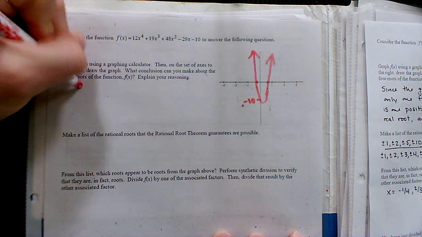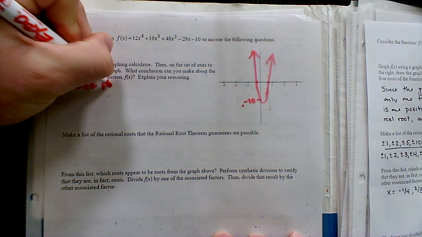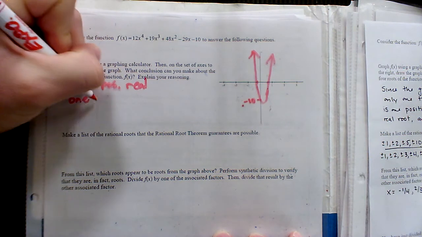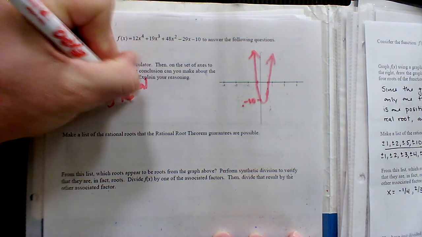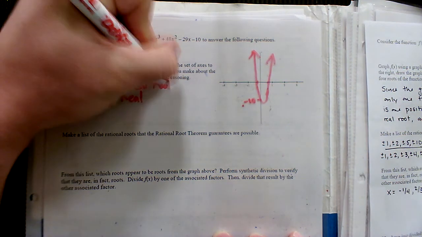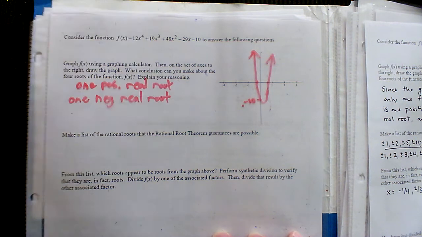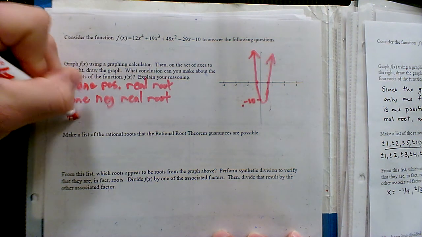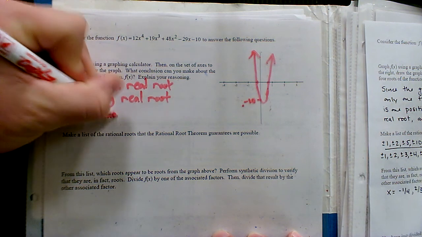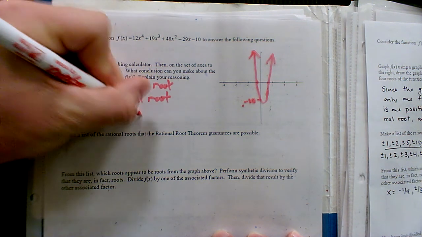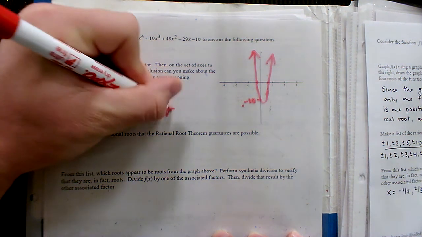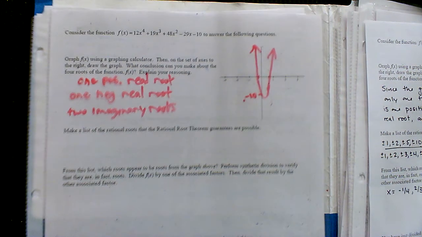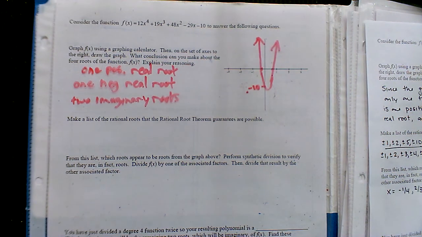There is one positive real root, one negative real root, and there are 2 imaginary roots. So 1 positive, 1 negative, and 2 imaginary.